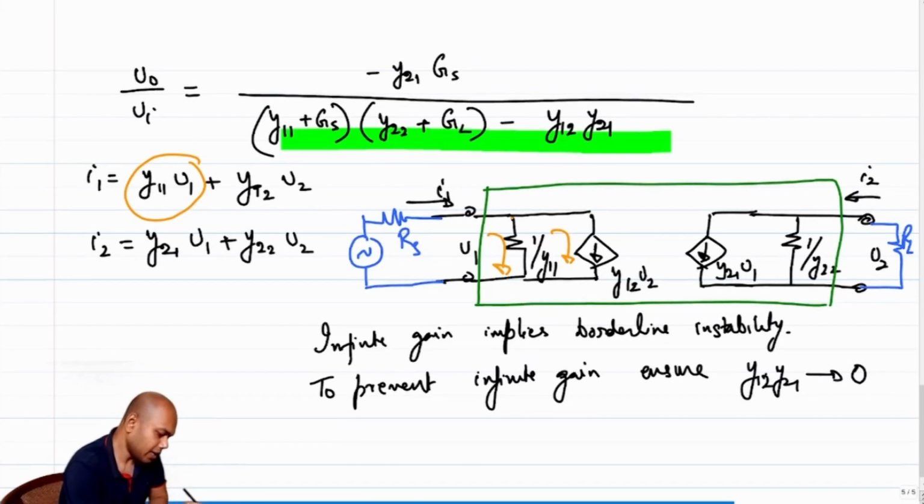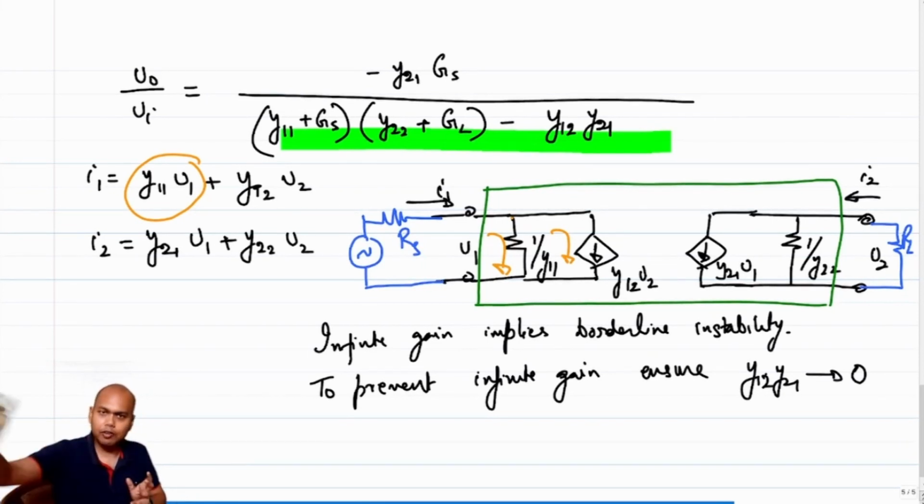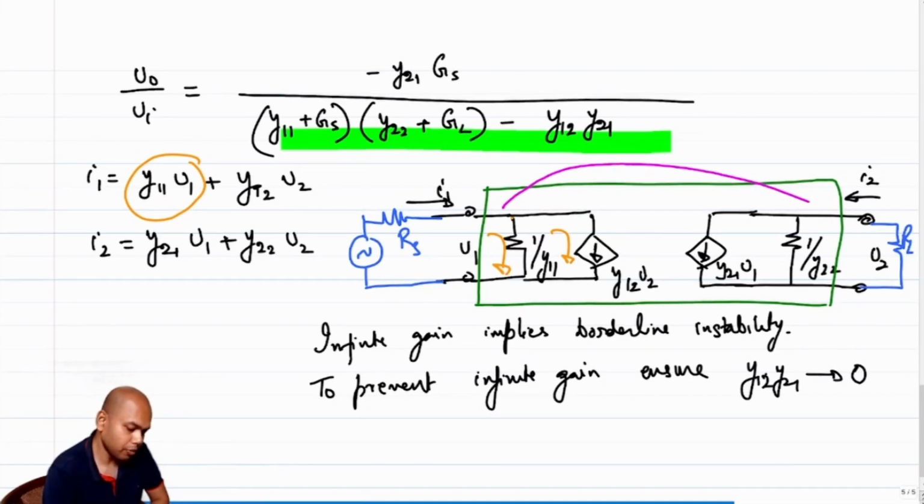What am I getting at is, you are applying a signal at port 1 and you are getting the output at port 2, right? So essentially you are trying to transfer your signal from port 1 to port 2, correct? And through which part of the system do you think this transference of signal is happening?